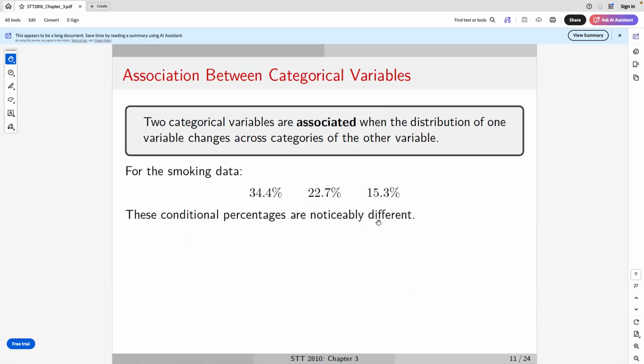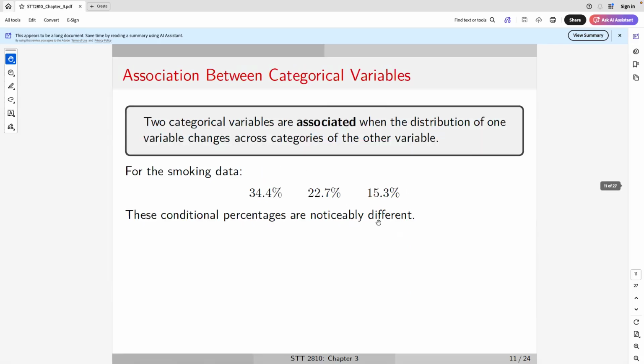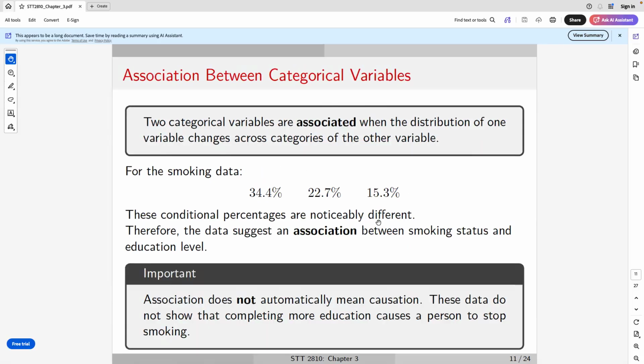There is an association. Now, it is very important that you distinguish between association and causation. What we have here is that there is an association, and people with a higher level of education have a lower percentage of smokers. It doesn't mean that more education causes people to stop smoking.